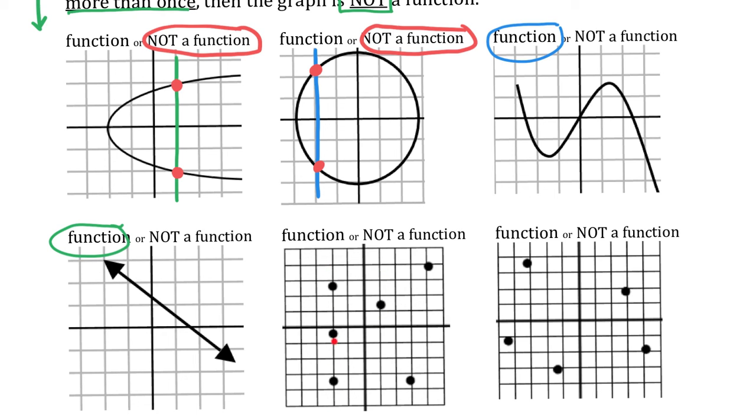Oh, if I draw the line right here, then I can intersect the graph at 1, 2, 3 points, which means this is definitely not a function. Okay, let me check this last one. If I draw it here, here. No, there's no place I can draw a vertical line where I can intersect more than once, so this has to be a function. Okay, so go ahead and try the practice problems and then check your answers from the calendar.